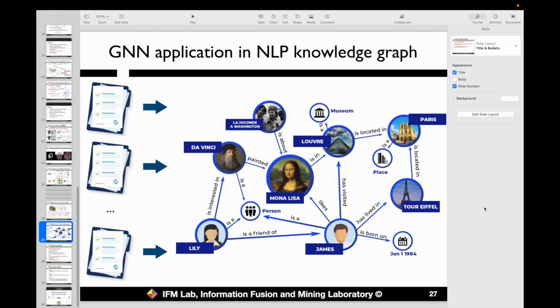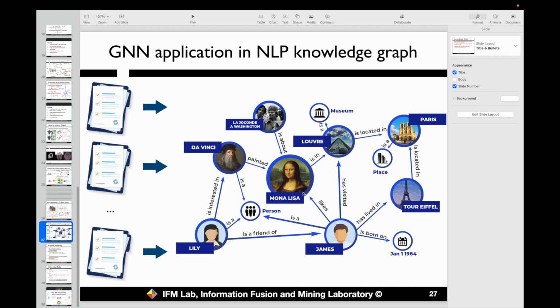So given documents, we can define its corresponding knowledge graph as we show on the right hand side. They cover all the entities that may be covered inside the documents. Also, they have some edges denoting their relationships according to the documents among these entities. So by transforming these documents into a knowledge graph, we can further study some problems based on the knowledge graph by using the graph neural network models we discussed before.